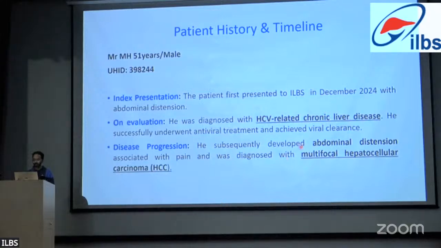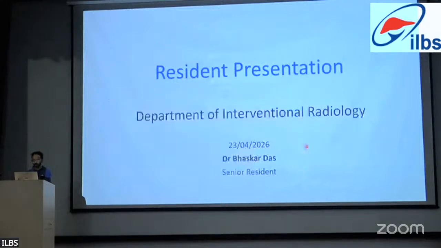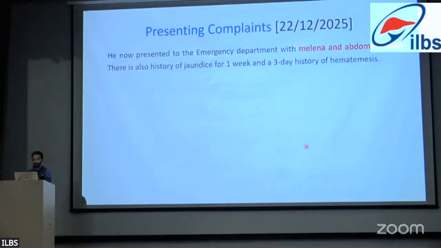Our patient presents now, one year later, on the 22nd of December, 2025. He presented in the emergency department with melena and abdominal pain. There was a history of jaundice for 1 week and a 3-day history of hematemesis, which the patient provided.